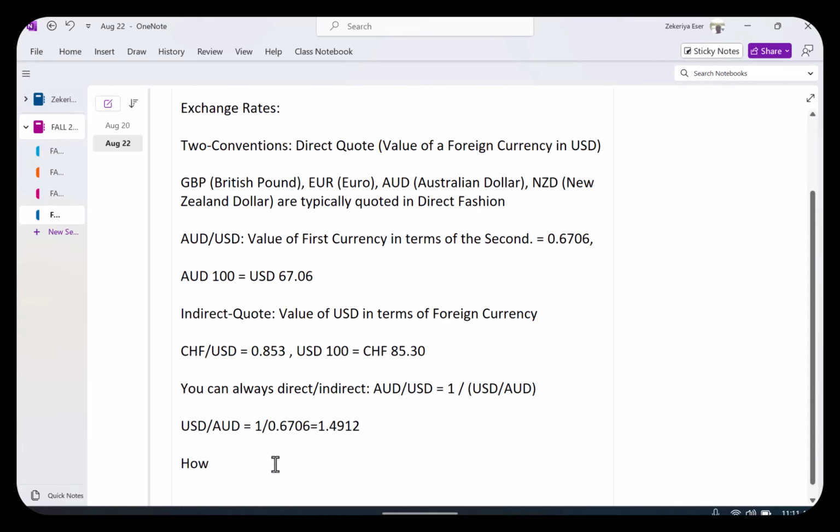Or how much, how do you think I can calculate that? Given the exchange rate I gave you. Tell me a calculation.